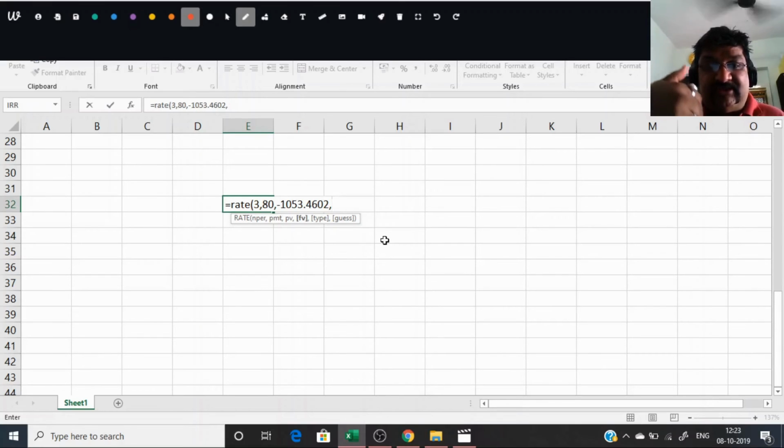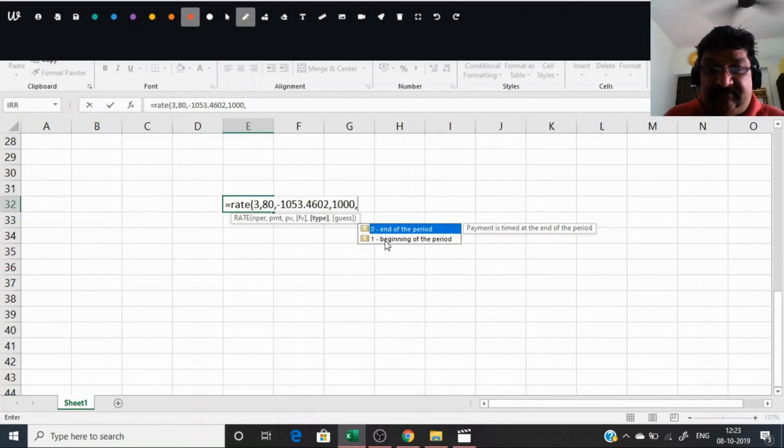Minus suggests that you're investing in the bond now by buying it at a price of $1,053.46, and plus suggests that you're getting the principal or the face value of the bond back after maturity. So for future value we write plus 1000.